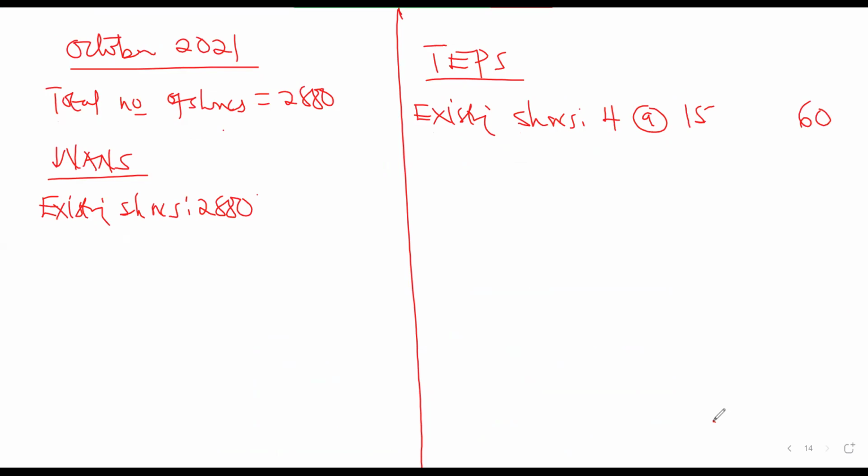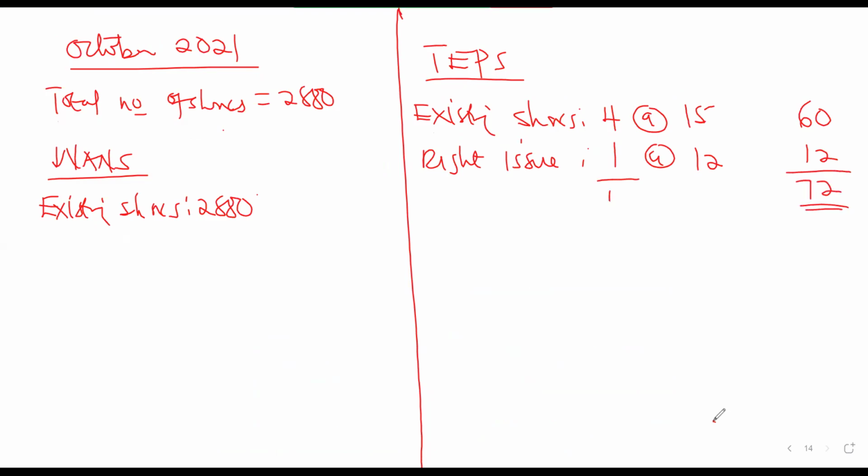The rights issue is 1 share at 12. This will give us 72.